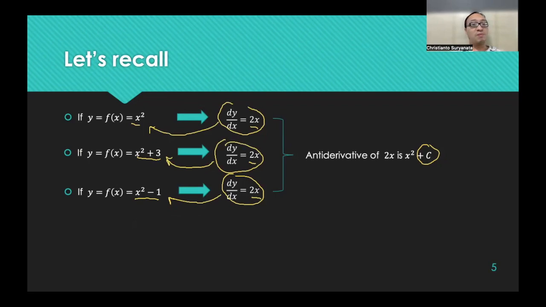There are three or more possibilities when you find the antiderivative of dy/dx. It can be in the general form of x squared plus any constant that we don't know. Here the constant is 0, 3, and -1, so we can write the general form x squared plus c.